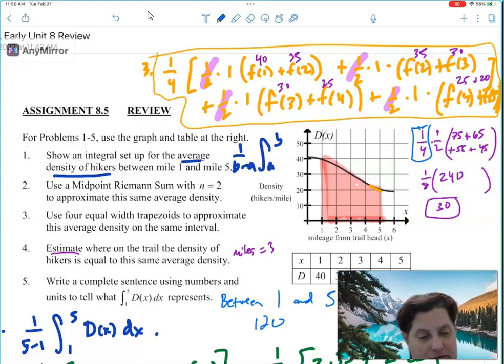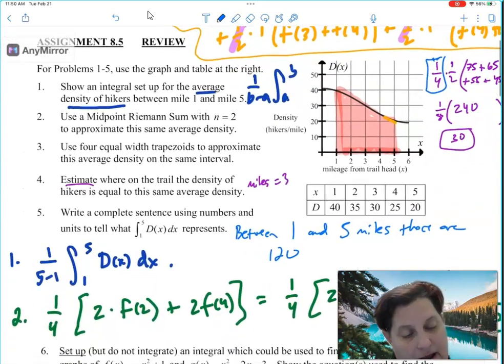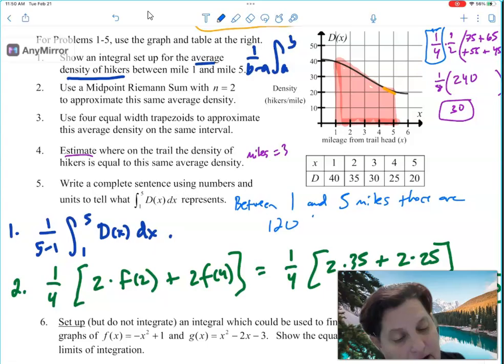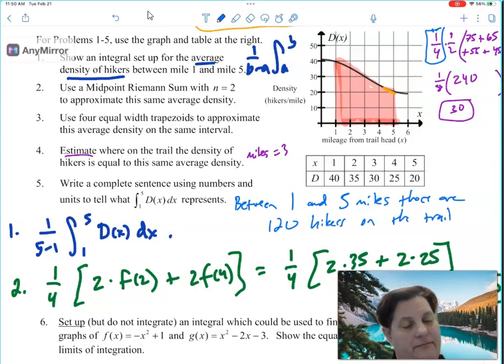Is that right? What was the integral before I did the 1/4? Yeah, 120. Okay, there are 120 hikers on the trail.